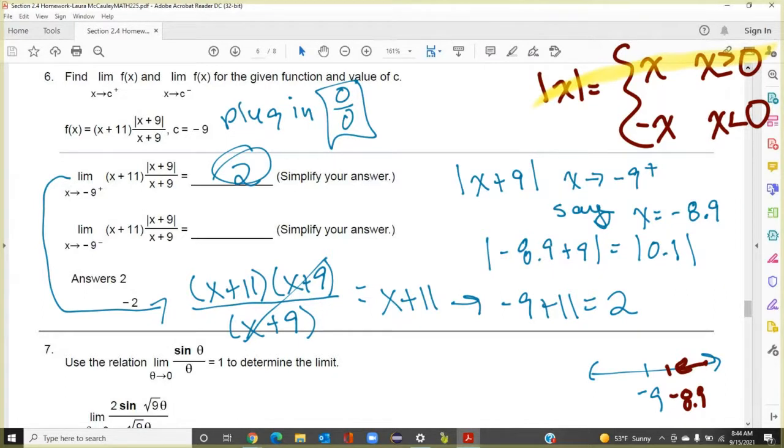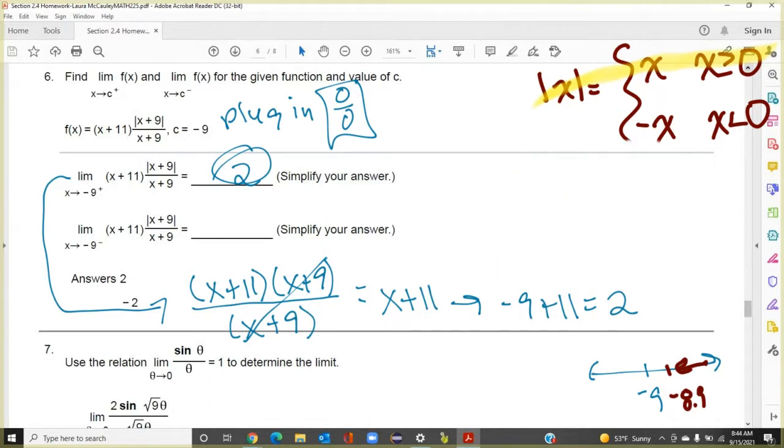All right, so now let's see what happens if I plug in coming in from the left. Let's look at this as x is going to -9 from the left.